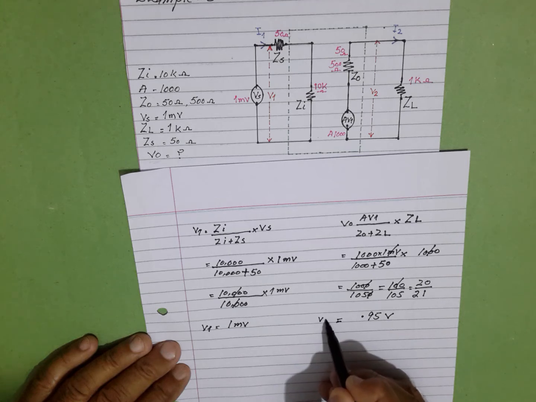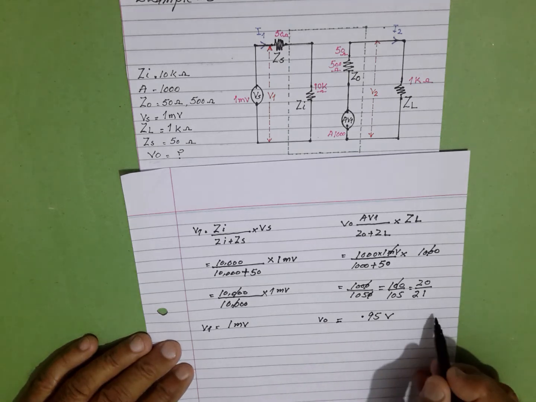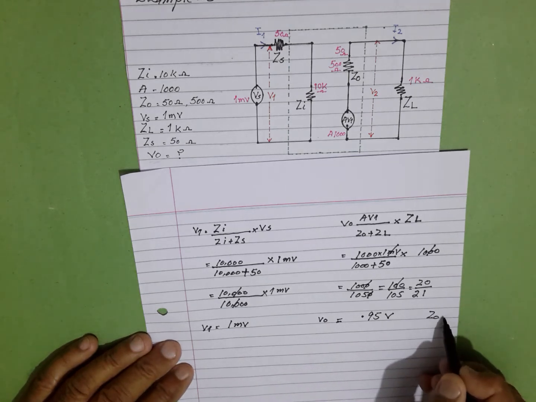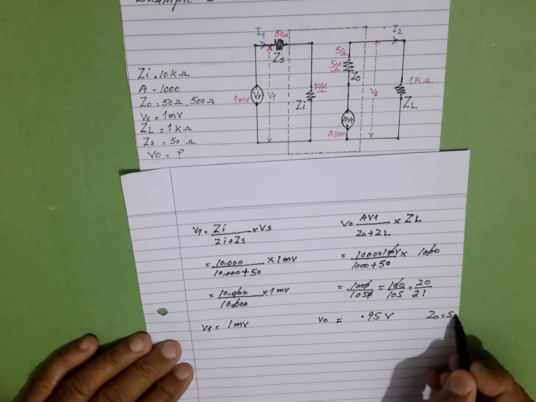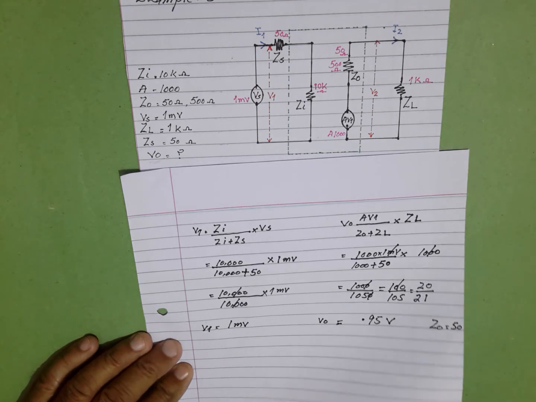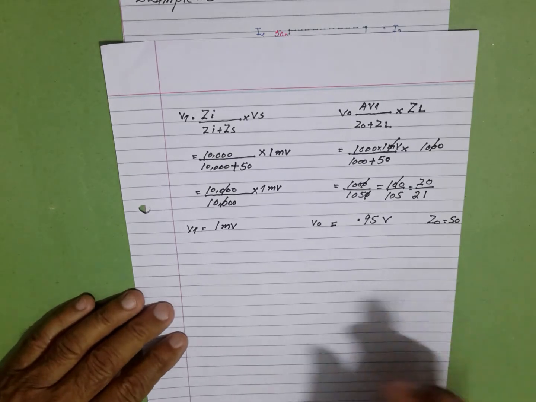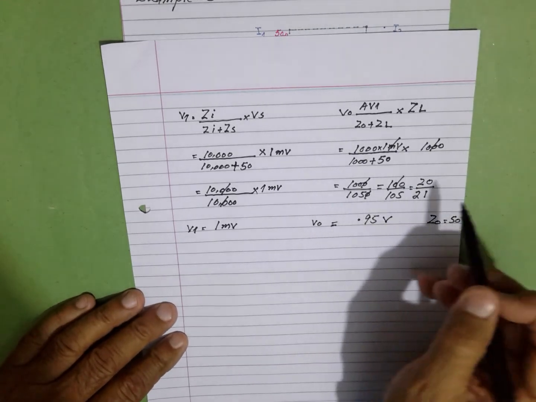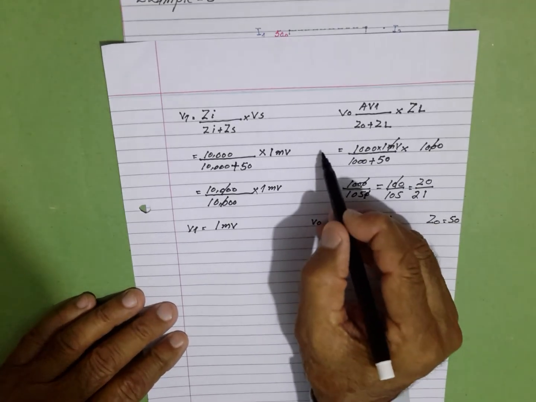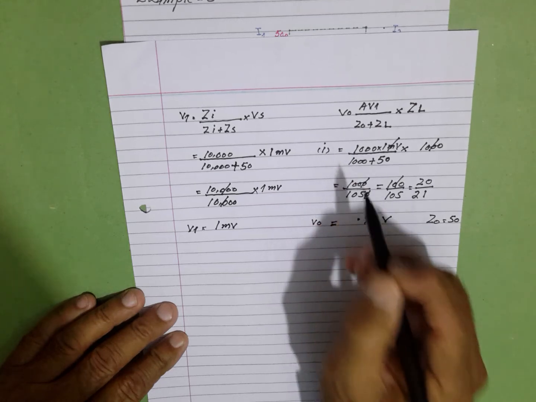This is V0 when ZO was 50 ohms. This is the first case.